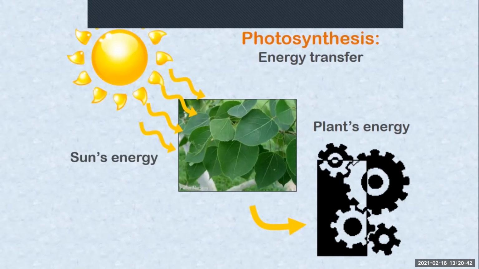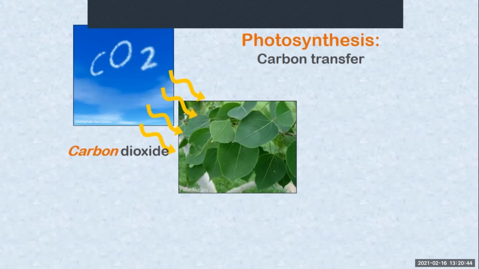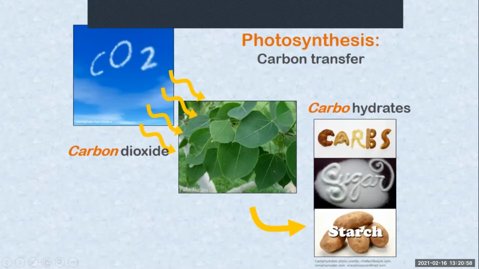You can also think of photosynthesis as a carbon transfer system. So the carbon dioxide in the atmosphere is captured by the green leaves, and it is converted into carbohydrates. So you have carbon and then carbon.